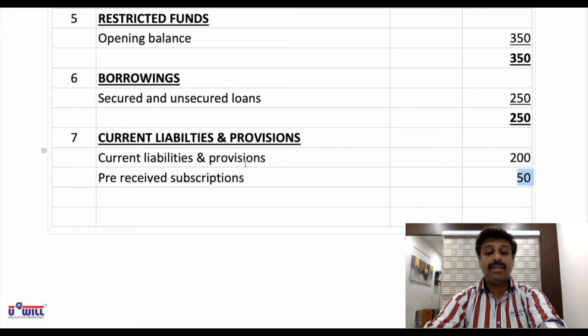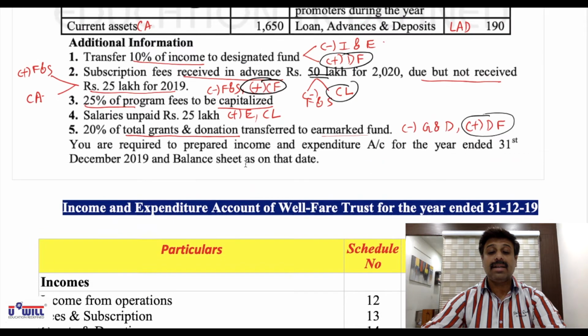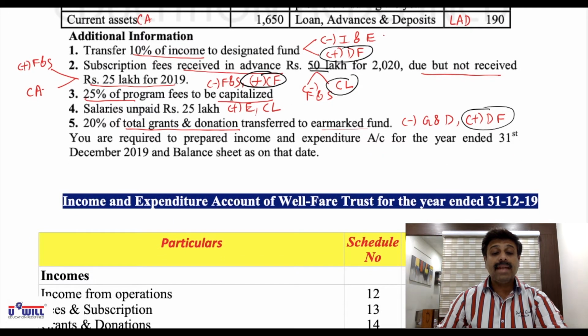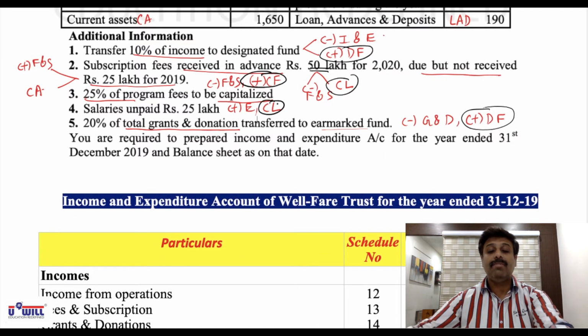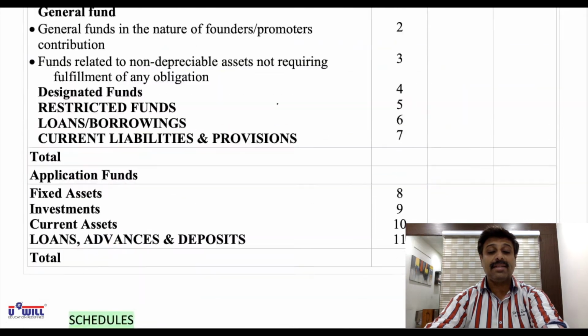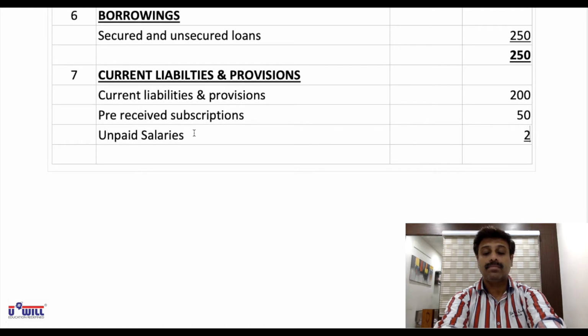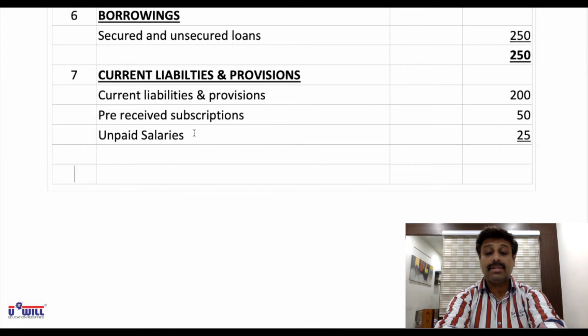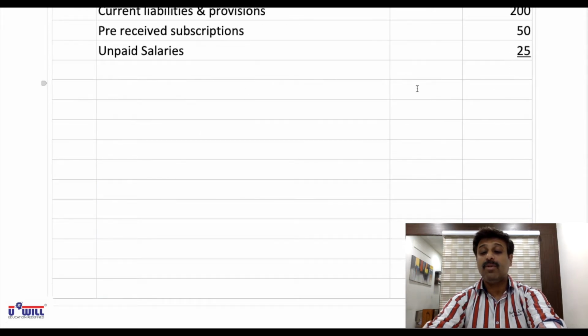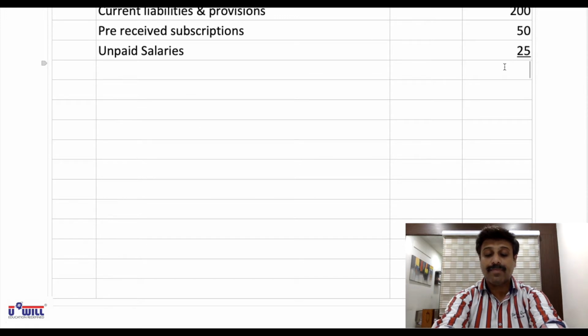Then after pre-received subscriptions, what else is marked as current liability? Salaries unpaid. So unpaid salaries of 25 lakhs. No other item is marked as current liabilities, so totaling can be done. 250 plus 25 would be equal to 275.